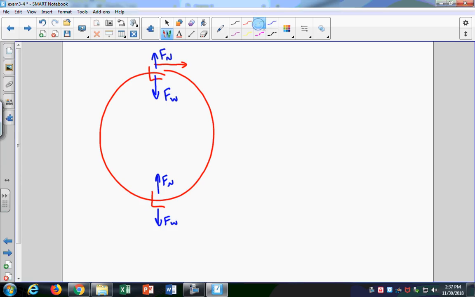However, in these different cases, my centripetal acceleration, AR, or we call it AC, I think, is in different directions. And so the way that I write Newton's second law is going to be different. Fn minus Fw equals m times AC, which is v squared over r. But this needs to be negative because AC is negative.